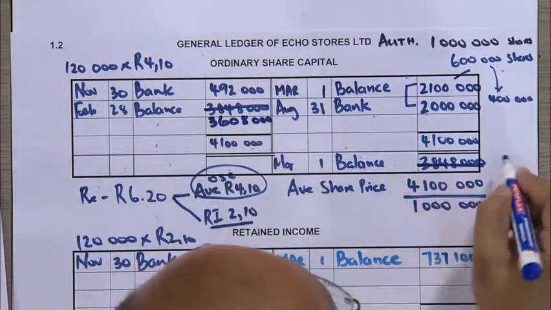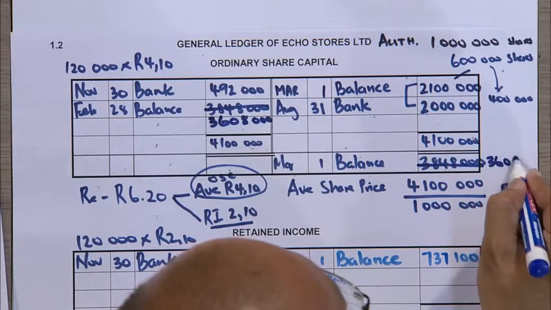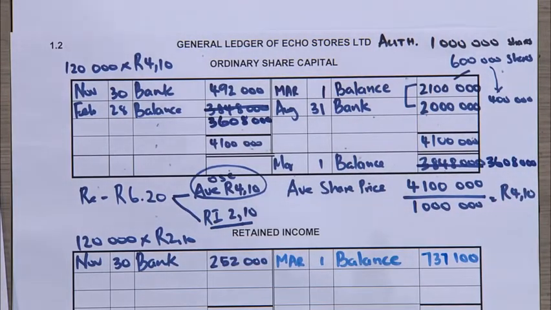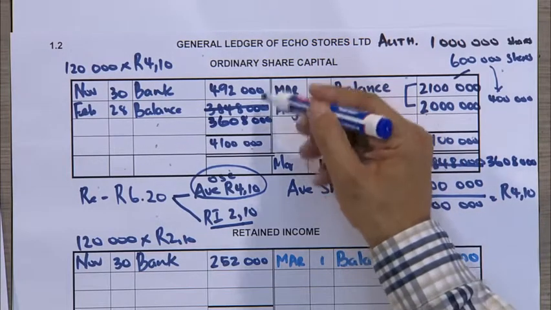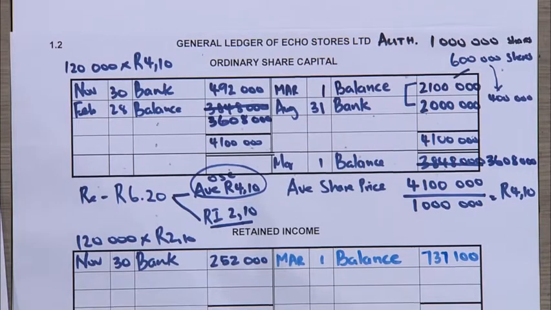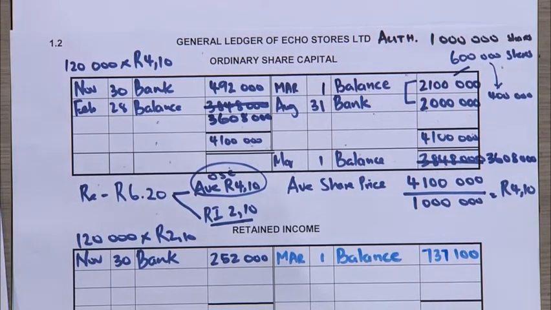There we go. And not 3,848,000. It comes to 3,608,000. Okay, just a calculating error on my side, I think. Thank you for that.